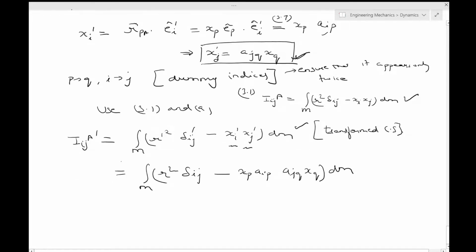This is using A. Now this can be written as r square delta ij minus x_p, and then this will be dm. Take the a_ip.